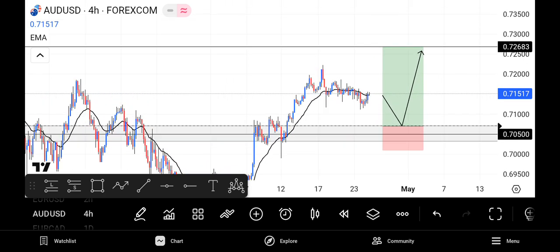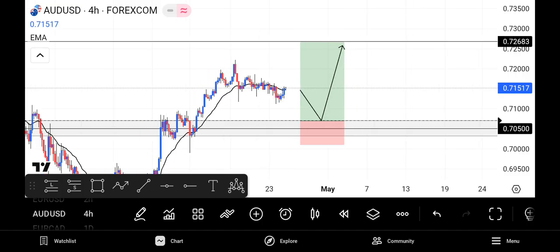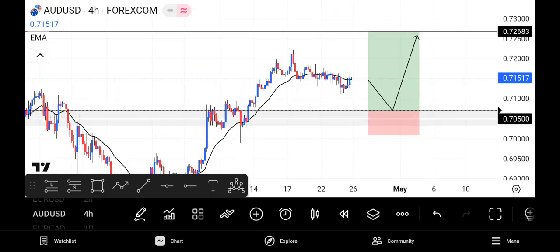Keep in mind, I won't do anything until the market gets to my structure point and gives me my confirmation to enter a trade, whether it's a bullish pin bar, a bullish engulfing candlestick, or an evening star confirmation for me to take this trade for a buy.